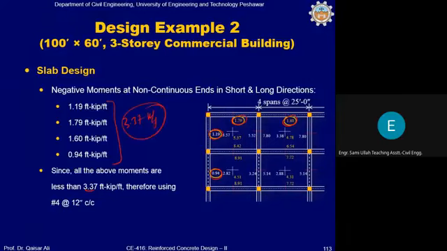So it means that at discontinuous end along the shorter as well as along the longer direction, you can provide number 4 at 12 inch spacing. Clear? So in the top at discontinuous ends, number 4 at 12 inch spacing is sufficient.